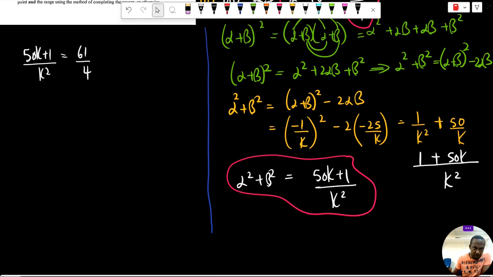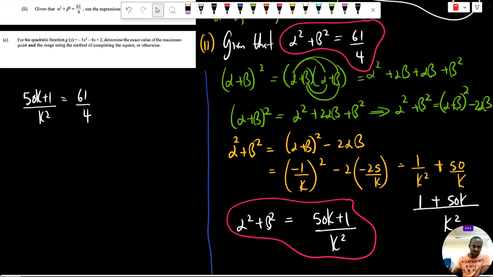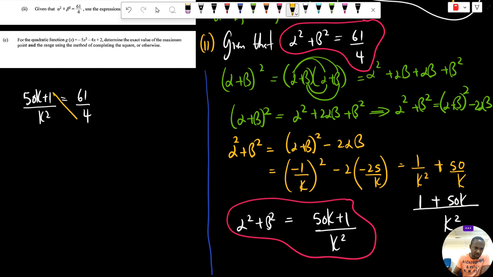And what do we now do? We basically cross multiply and we try to solve for k. Now remember that whenever we cross multiply, we multiply the numerator of one fraction by the denominator of the other. And that is what we do when we cross multiply. So therefore, what this gives us is that 61k squared is equal to 4 times 50k plus 1. And we'll proceed.